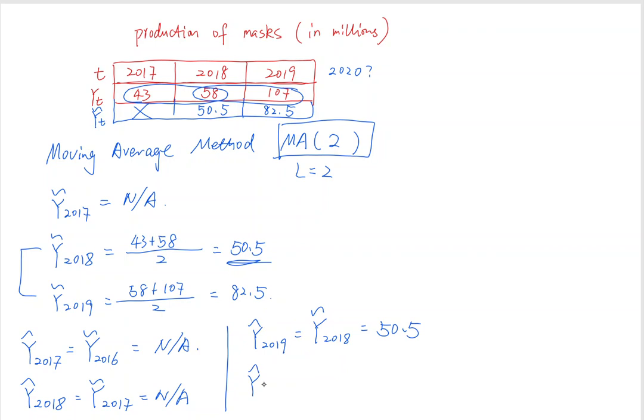What about 2020? By the formula, it equals the previous year's estimated value, which is 2019. Do you have the estimated value of 2019? Yes, which is this 82.5.